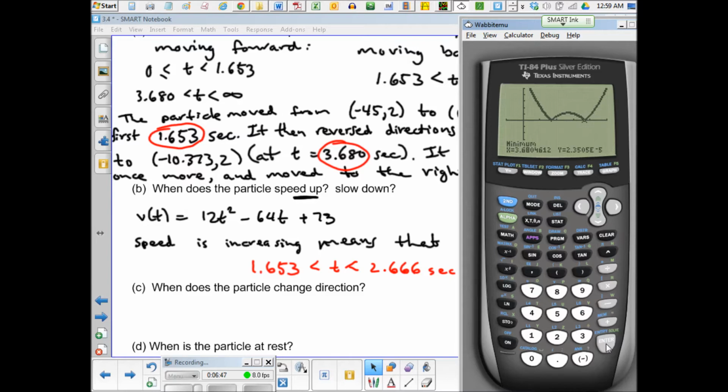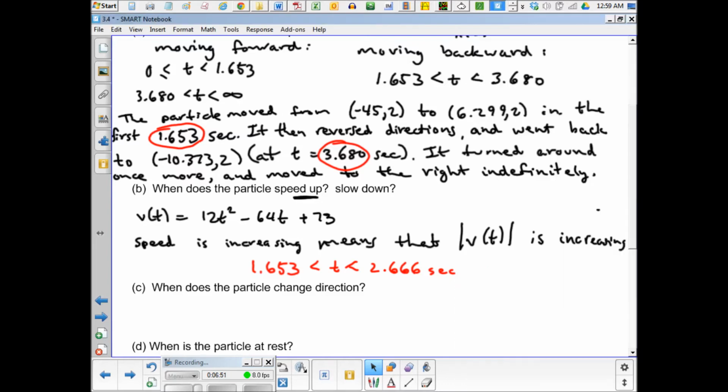Sound familiar? So from t equals 3.68 and onward, it is speeding up.